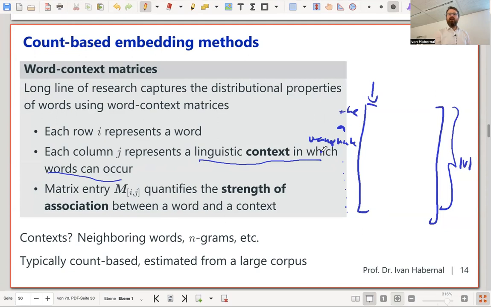So maybe neighboring n-grams. Here, this could be "I was". The second row could be "I am". And many thousands or 100,000s of n-grams, for instance, because you have a context and then you have the target word. So "I was Wampanyuk", or "I am Wampanyuk".